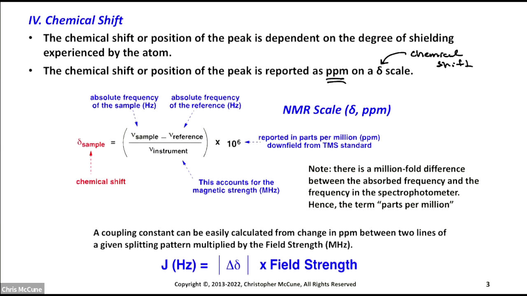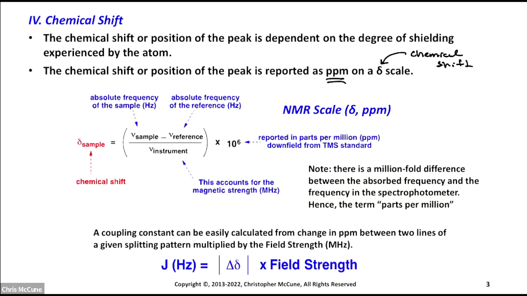So you have to multiply by 10 to the 6 to get that reported in parts per million. And so that's downfield from a standard. There's a million-fold difference between the absorbed frequency and the frequency in the spectrophotometer. That's where you're getting the parts per million scale that we're on.